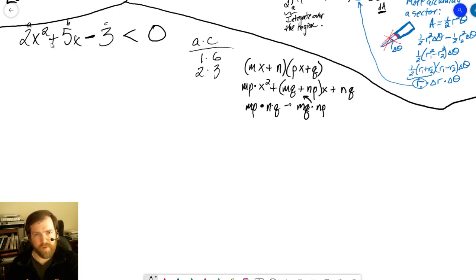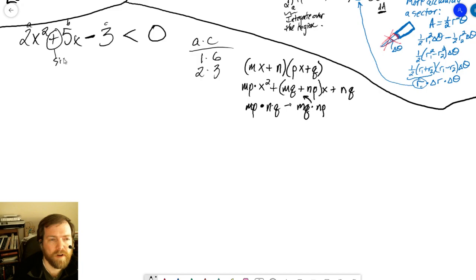Or if the negative number is bigger, then it will have some of its value eaten away by the smaller positive value. So this is flat out telling you what the sign of the bigger number is going to be.